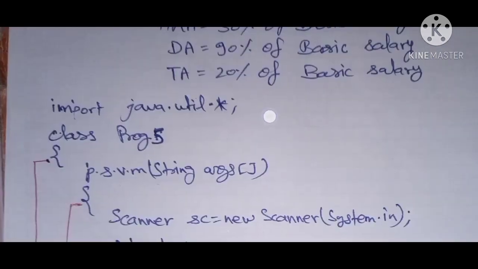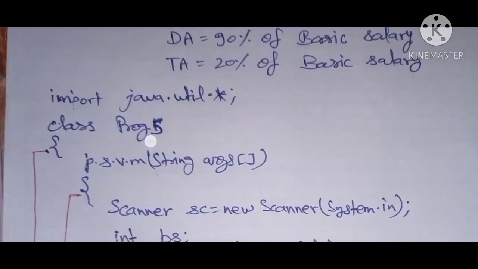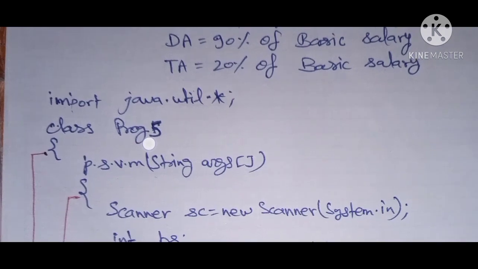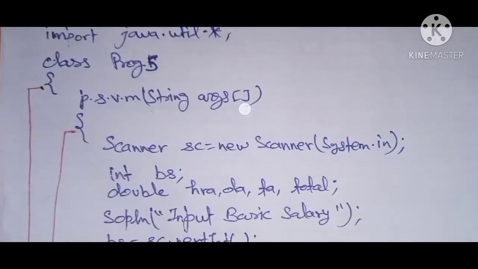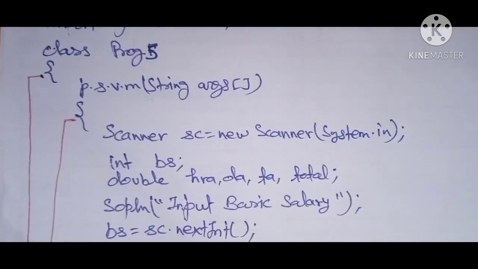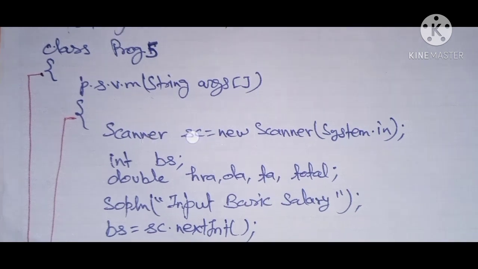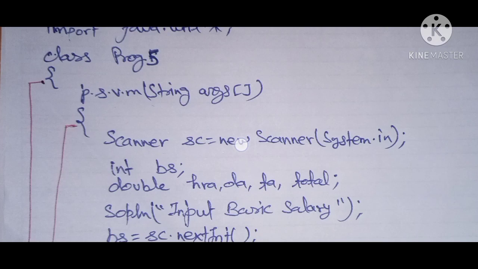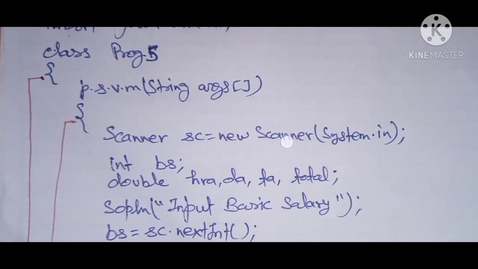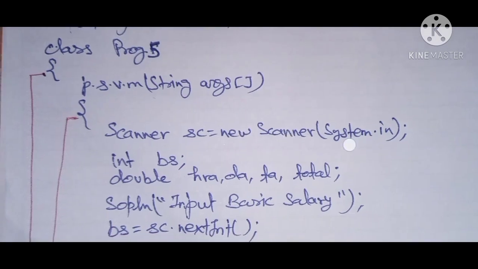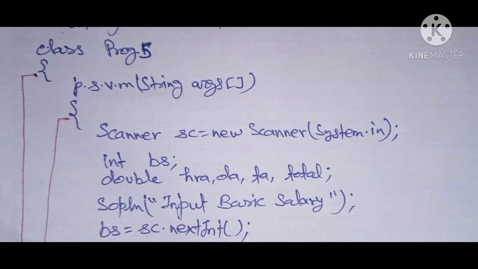Okay, after that, the class proc5 I have written. You can write any name for the class. And psvm, all these points I have already told you in previous videos. Okay, the next one is Scanner sc = new Scanner, S should be capital, and System.in.